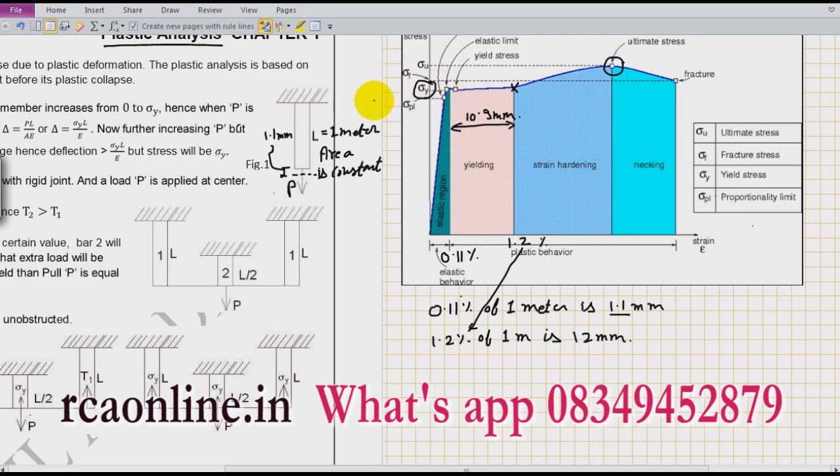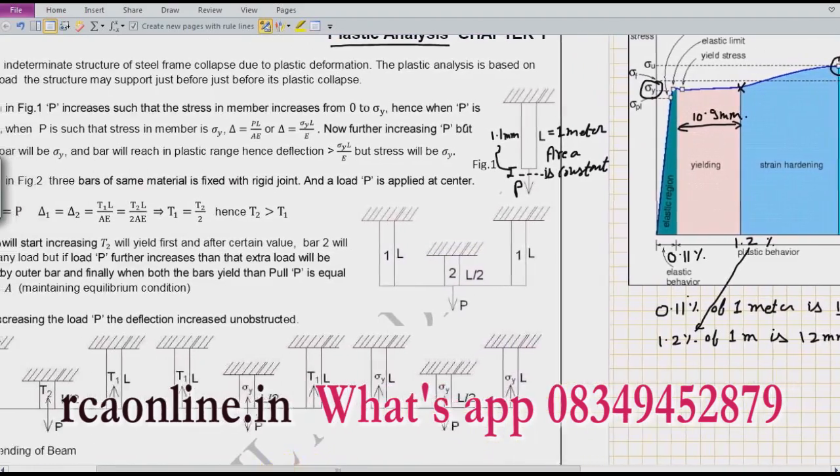So my criteria is only that anywhere the section reaches the yield stress. Now let us take the example. If I stretch this rod and it reaches its yield point, which will be 1.1 millimeter, I will say it is of no use. Now come to this part. I have 3 rods of different length, same material, and if I stretch, then by strength of material we can prove the load taken.